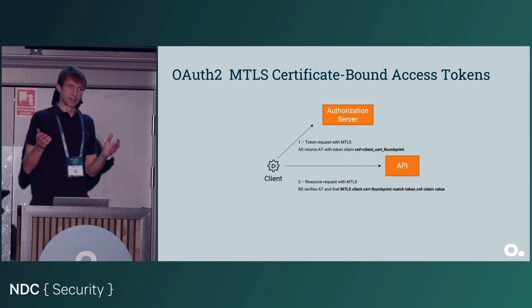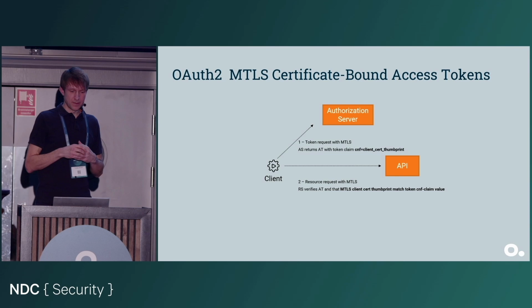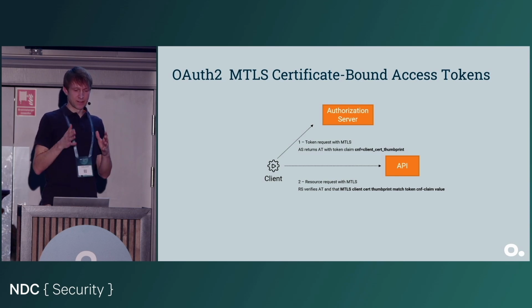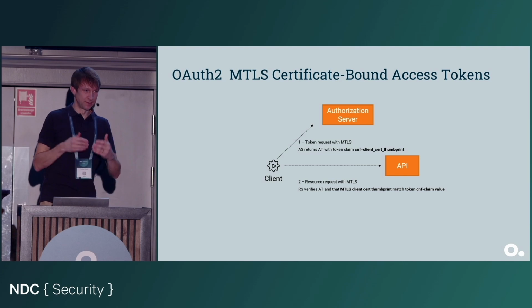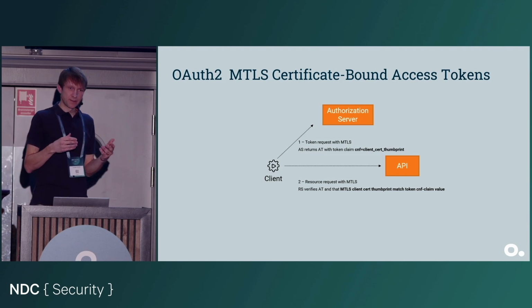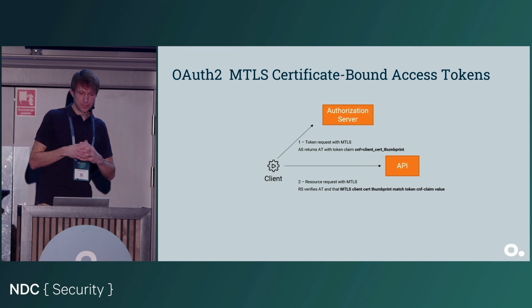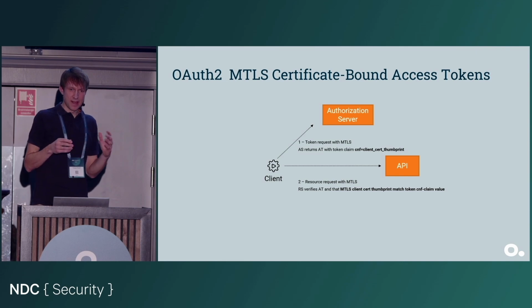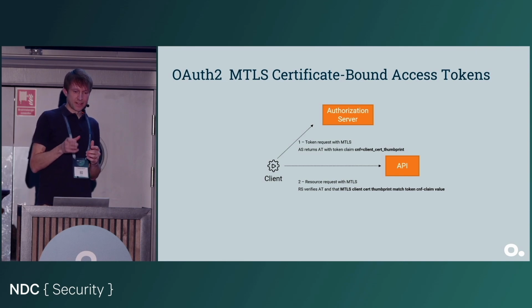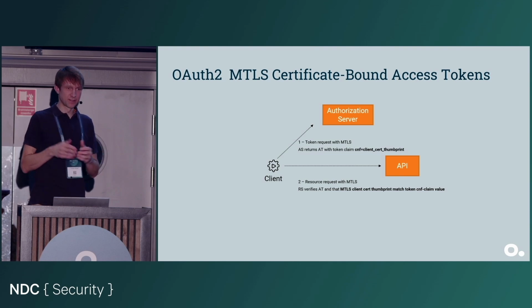It's still the client credentials flow, so nothing much has really changed. The difference now is that since it's mutual TLS, we are restricted to use mutual TLS for client authentication. When we do that, the authorization server, by the specification, will add the client certificate thumbprint in the cnf claim and then sign the access token.